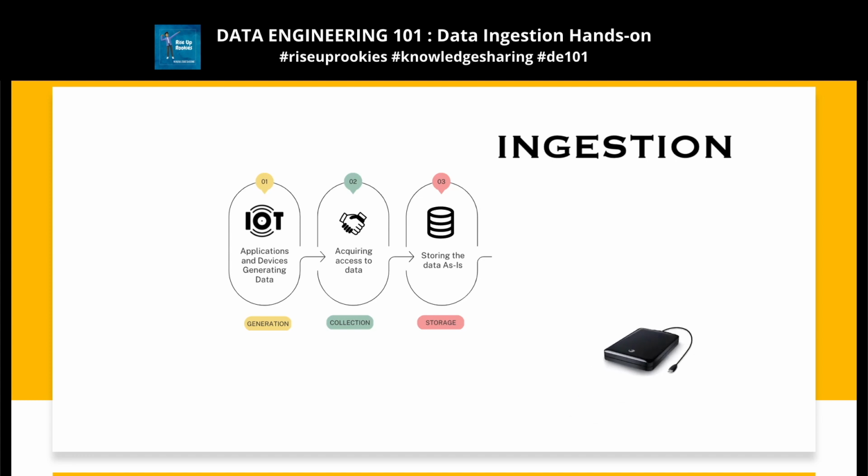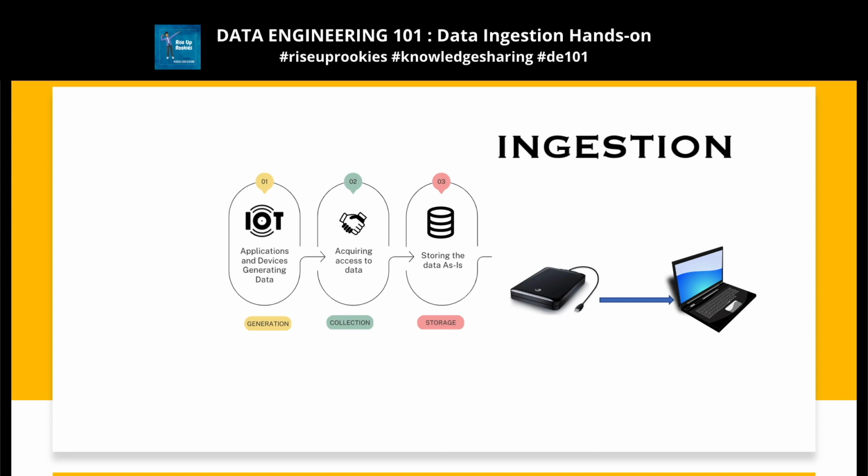Let's say you have a hard disk with some 5 gigs of data in it, and you want to copy it into your laptop. So this hard disk is your data source here, and connecting your USB to your laptop is more about your ingestion pipeline, right?